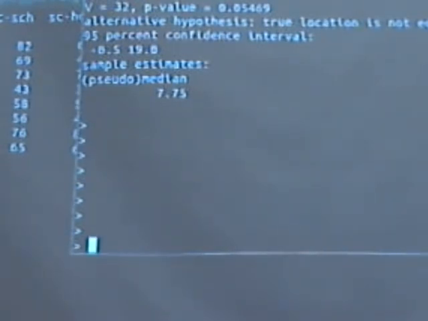So for a two-sided test, it is significantly above 5%. Effect size is about 7. I don't know if that would be important or not.